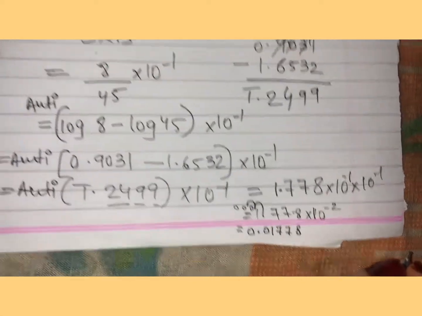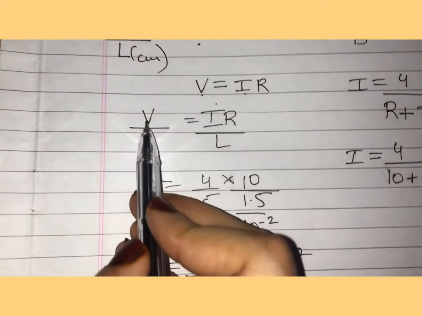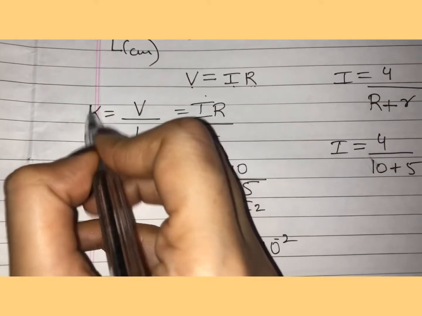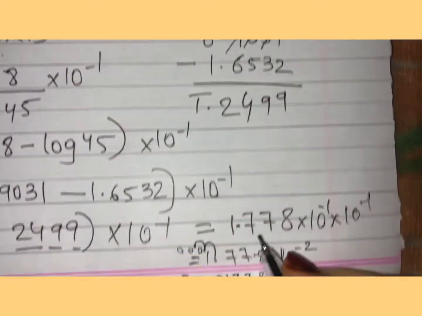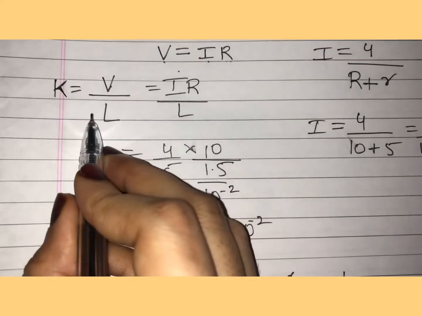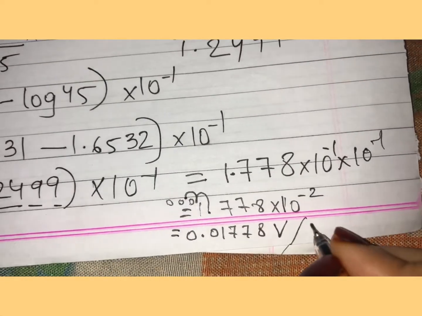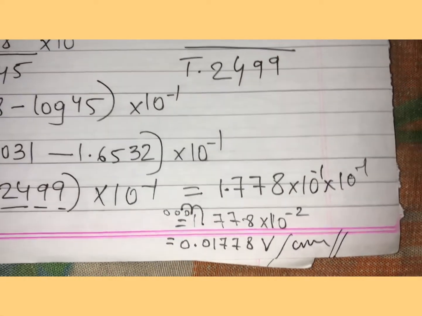Okay, now what unit will we write? It is the potential gradient, that is voltage, so it will be volt per centimeter, since length is in centimeter. So this is the answer.